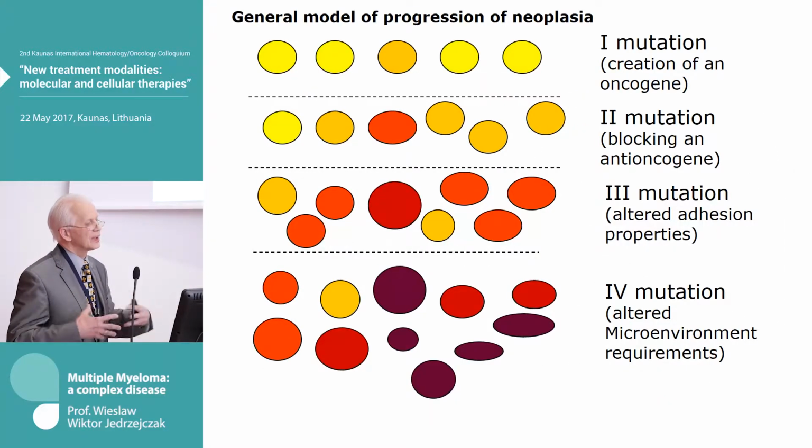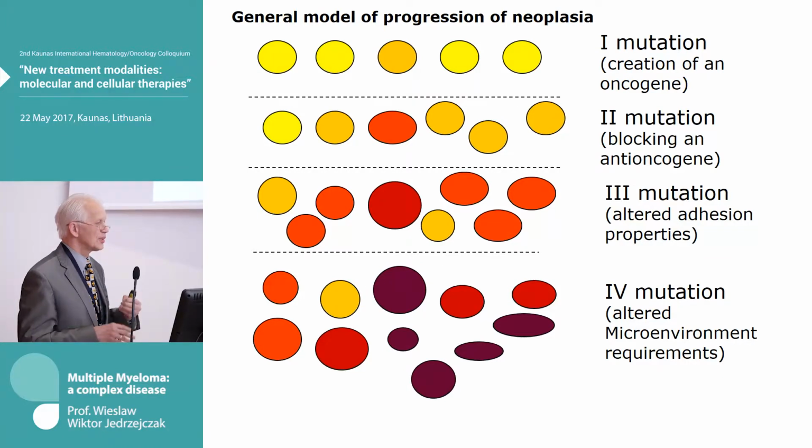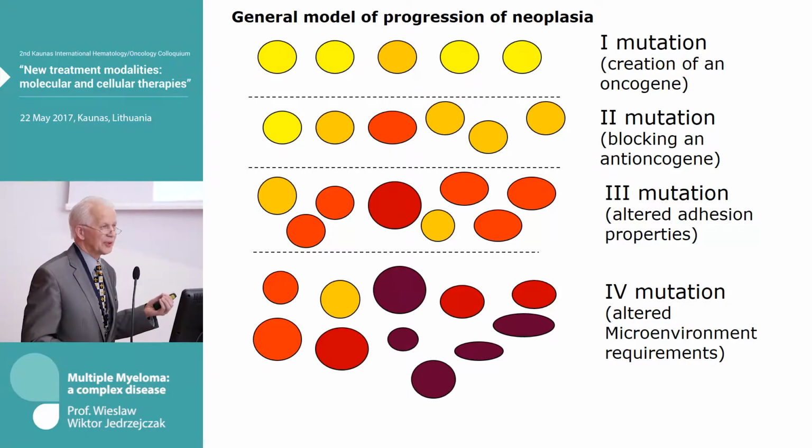So one can develop a general model of progression of neoplasia, which of course starts from a founding mutation, which usually is not just a mutation that is producing neoplastic behavior, but is producing a so-called proliferative advantage.